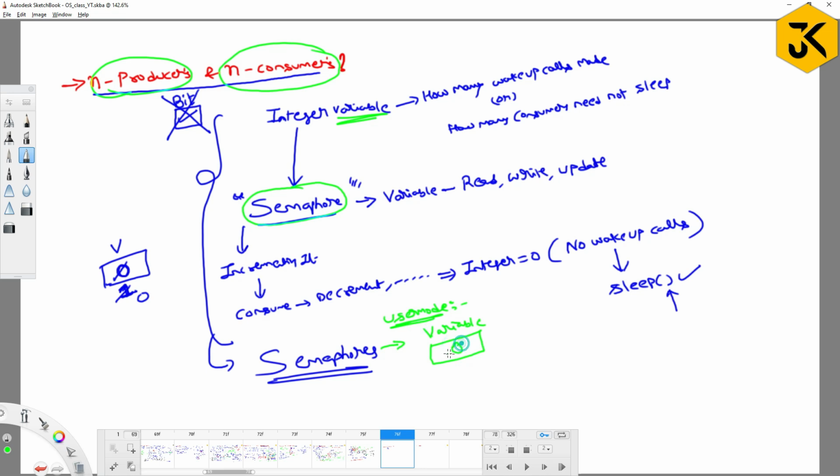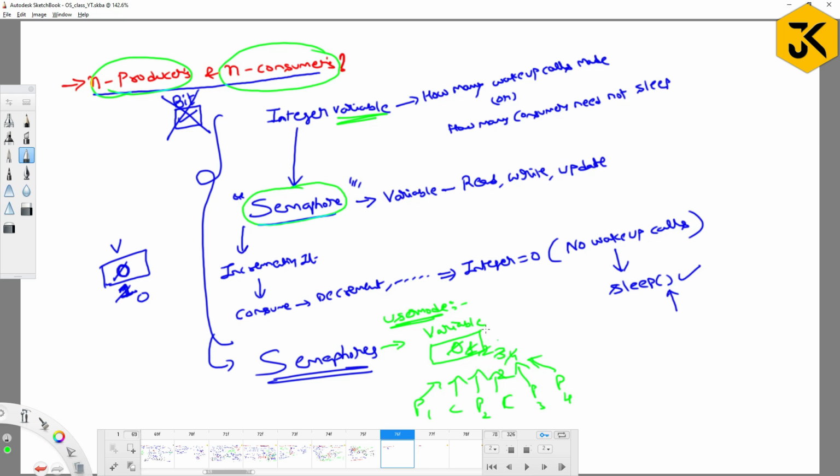All processes, like n producers and consumers, will try to work on this particular variable parallelly. Producer 1, producer 2, producer 3, and so on, all are working parallelly.